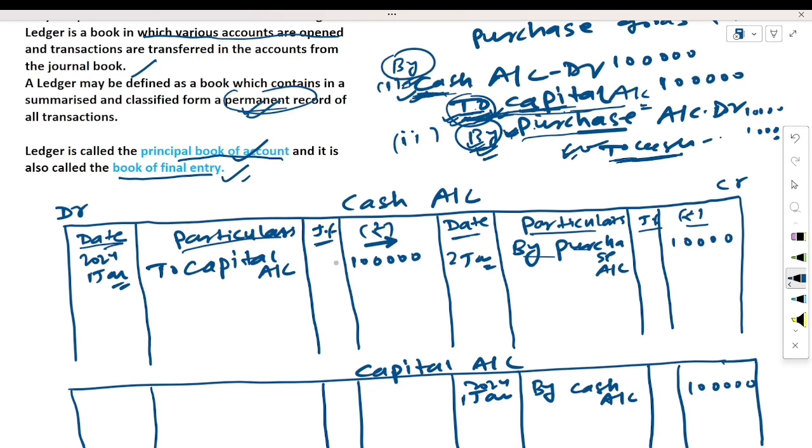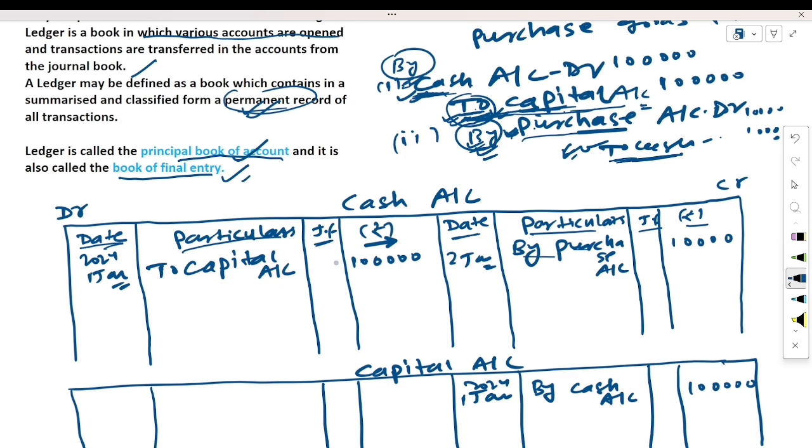Now after transferring, it means after posting the entries into the ledger book, what do you have to do? The thing that you have to do is balance this ledger book. It means you have to create the balancing figure of this ledger book.